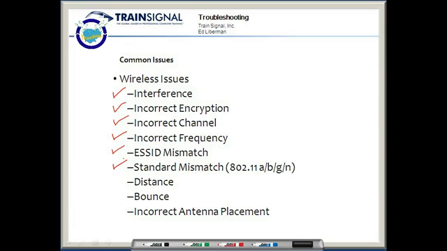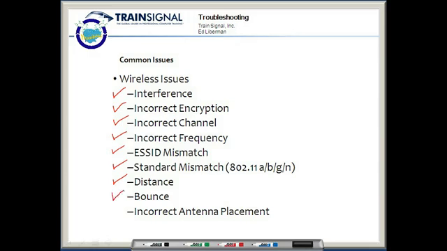And also there's a lot of auto negotiation that takes place, but it is possible that you can manually configure it and end up with a mismatch. Distance. Just like we have attenuation with our cables, wireless signals can also only travel a certain distance. And if you are too far away from the wireless access point, you're not going to see the signal.